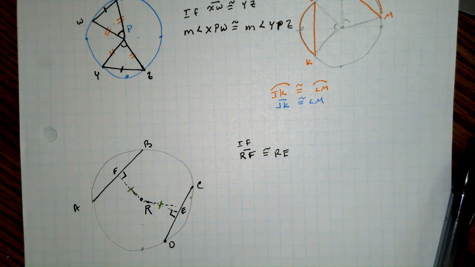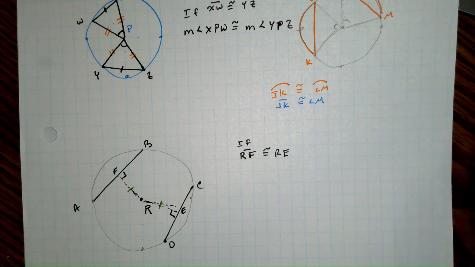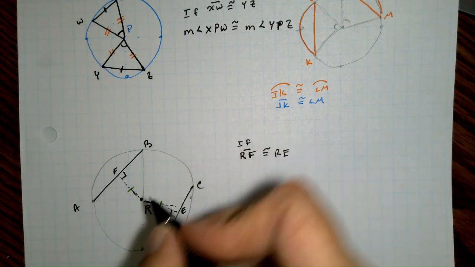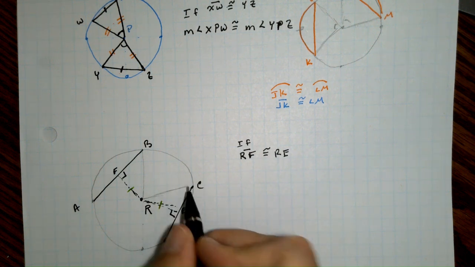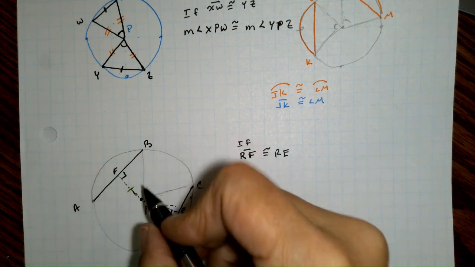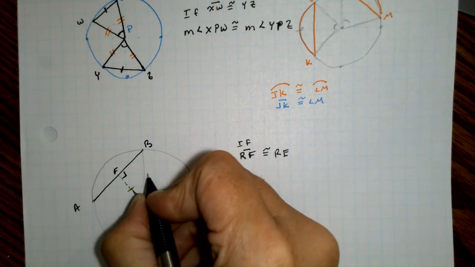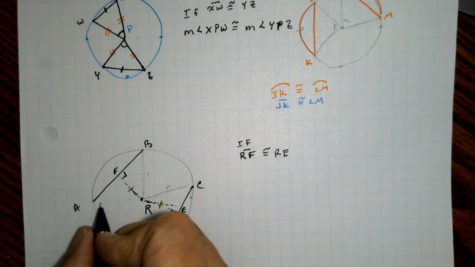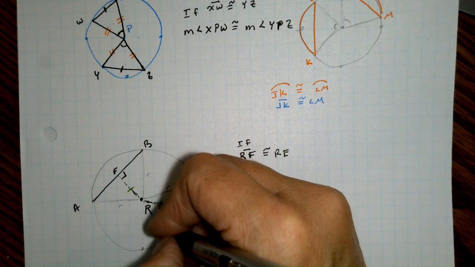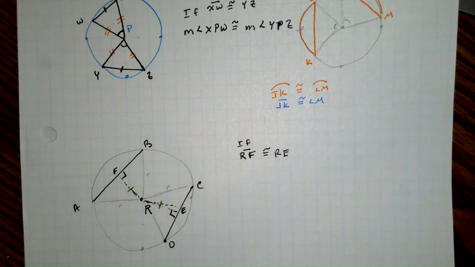What does that tell us about AB and CD? Well, let's keep some things in mind. Let's look at this right here. Could I draw a right triangle? I absolutely could. And since the hypotenuse is the radius, my hypotenuse would match my hypotenuse.